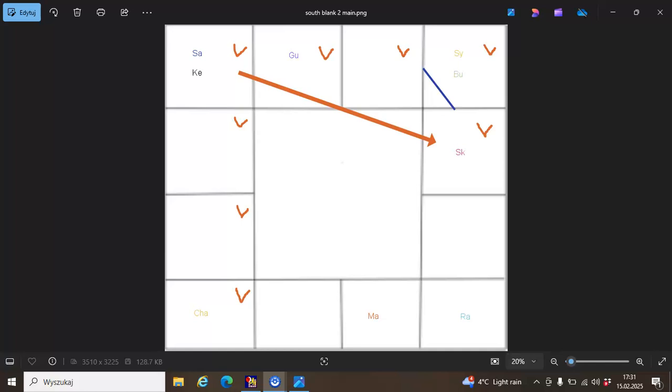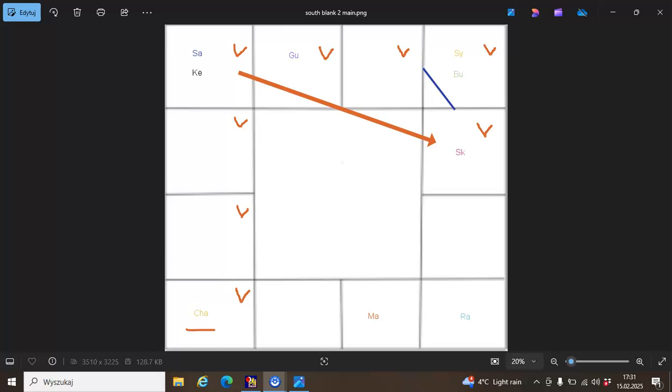So the Moon has traveled 8 signs from the sign it rules, which is Karka. So our Mahadasha of Karka will consist of 8 years. So we've completed our Mahadasha of Karka.